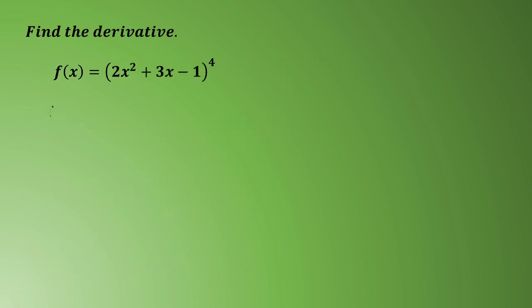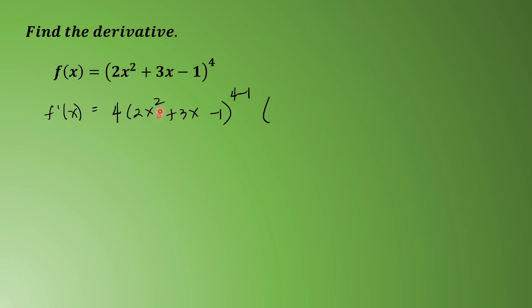Let us use chain rule to answer this question. So again, it is the derivative of the outside function leaving the inside function times the derivative of the inside function. So let us first copy our inside function, and by power rule, let us get the derivative of the outside function. We have 4, and then the exponent would be 4 minus 1. Multiplying to the derivative of the inside function.